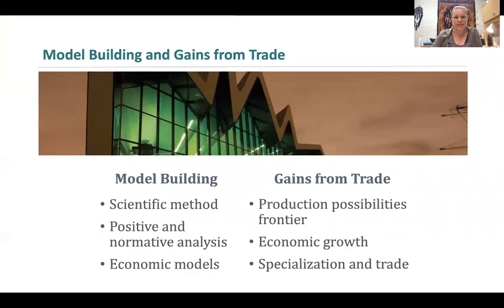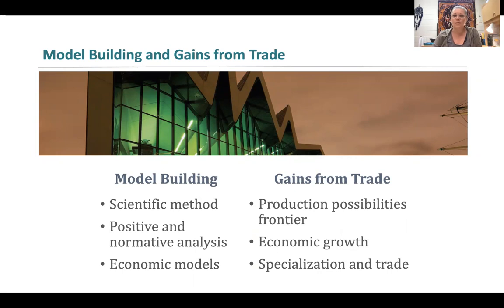Economists, just like other scientists, use models to make predictions about the world and how different factors, both internal and external, will affect the outcomes that we predict that we'll see. We use the scientific method, just like other scientists.